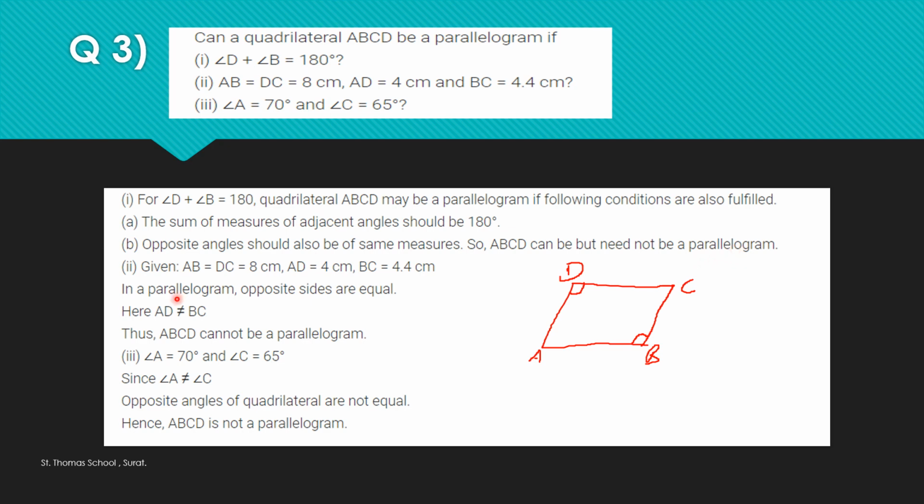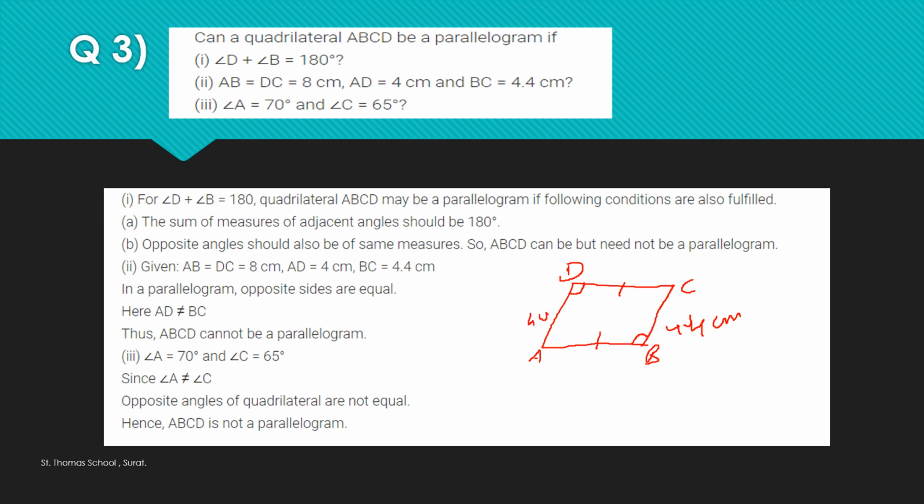It's clear? Second one: AB is equal to DC is equal to 8 centimeter, AD is equal to 4 and BC is equal to 4.4. So AB and DC are equal; they said both are 8 centimeter, but they have given BC as 4.4 centimeter and AD as 4 centimeter.